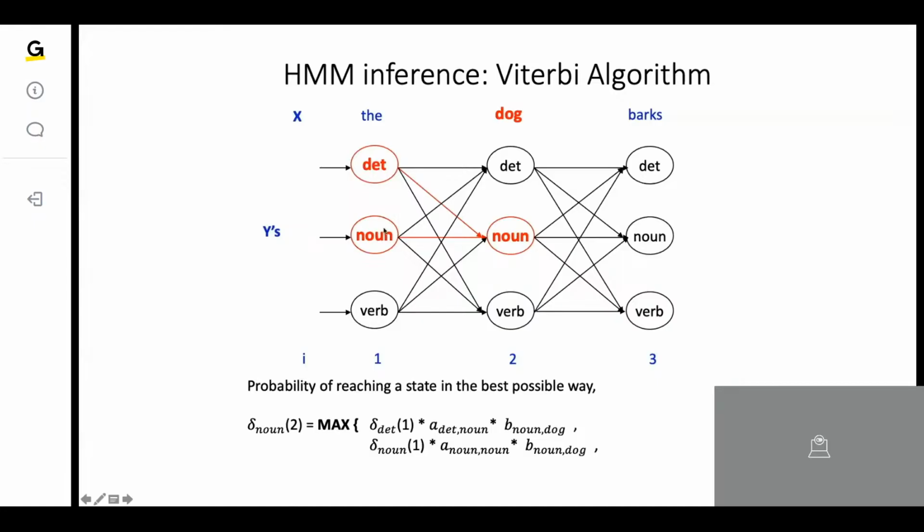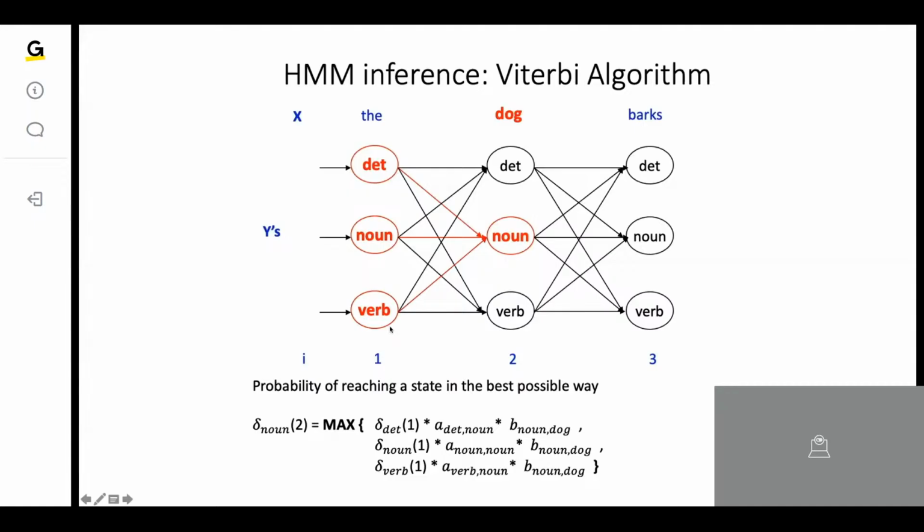The other possibility is reaching from the state noun to noun, while in the previous state emitting the symbol the. So this is represented by this particular term, with the initial probability, the previous delta noun, the transition probability, and the emission probability here.